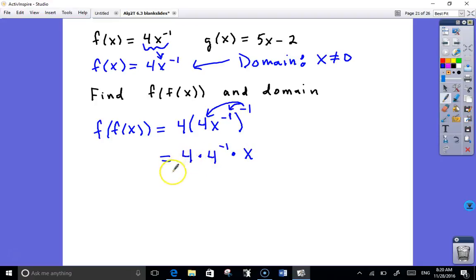And this is going to be like 4 over 4 times x. So the whole thing gives you x. So f of f of x equals x. Okay. Now, if I'm just looking at the function y equals x, what would I say is the domain?